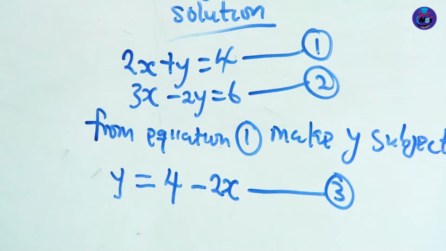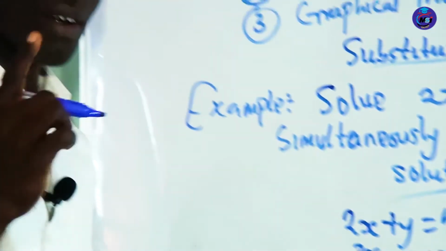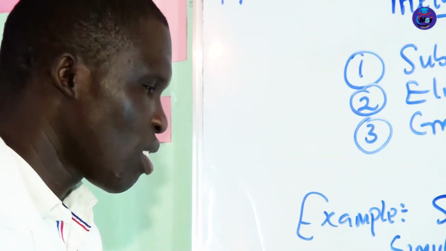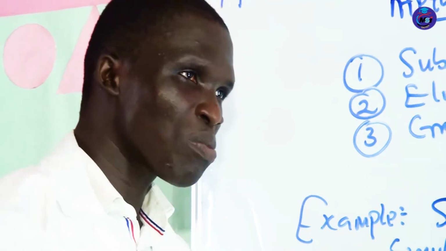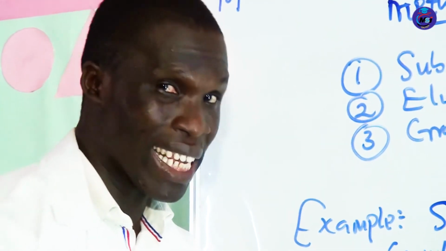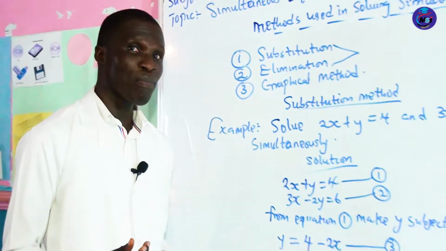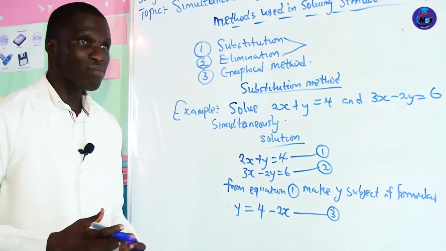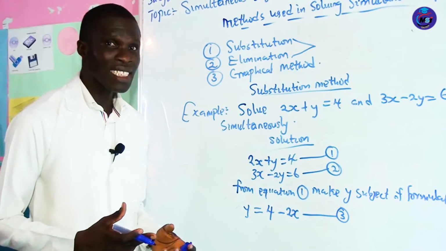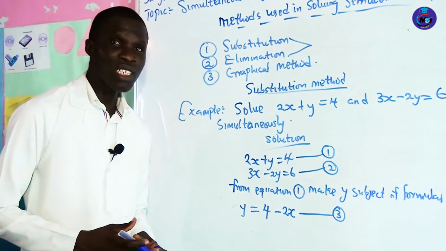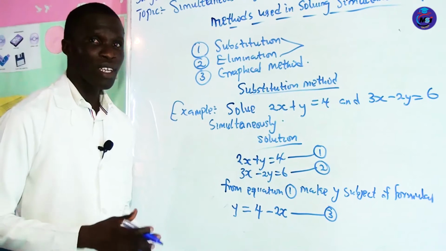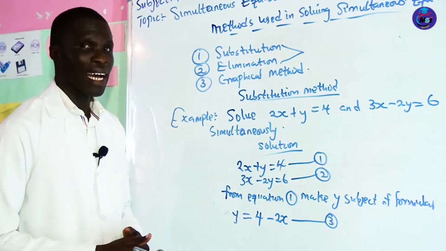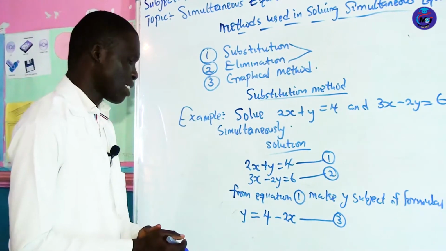Now, the method we are going to apply now is the substitution method. Another word for substitution is to replace. I know you've watched football before. When you discover that a footballer is getting tired and you can see it on his or her face, you have to substitute that player with another player that is stronger.